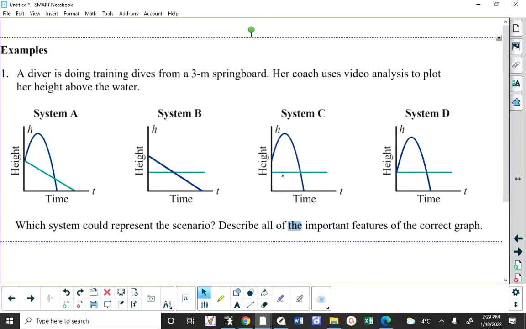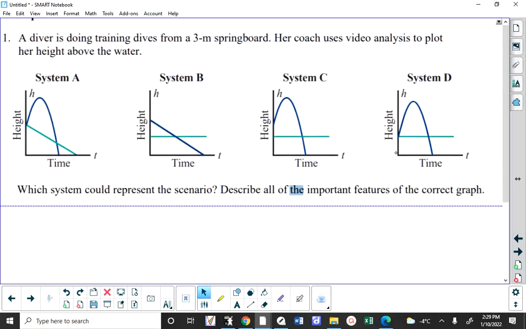A diver is training. She's diving from a 3-meter springboard, which means the springboard is 3 meters above the water. Her coach uses video analysis and plots her height above the water. So which of the systems could be representative of what's going on here?